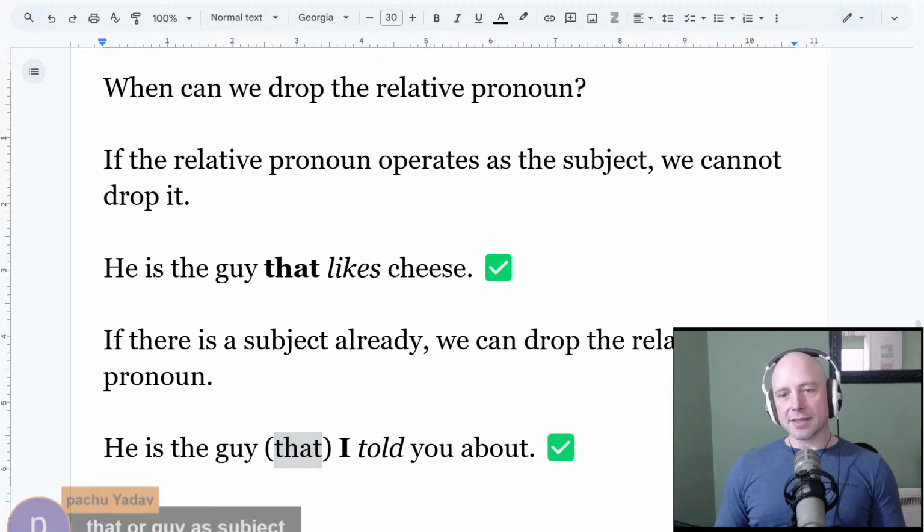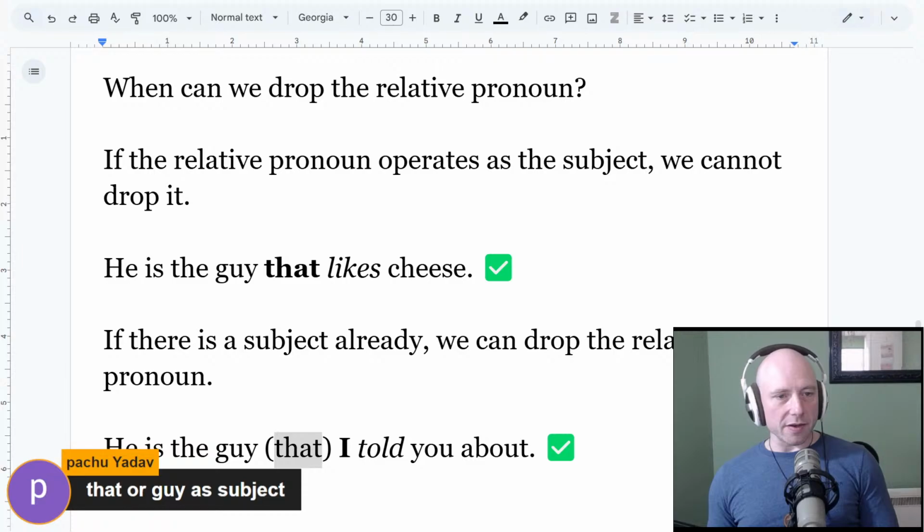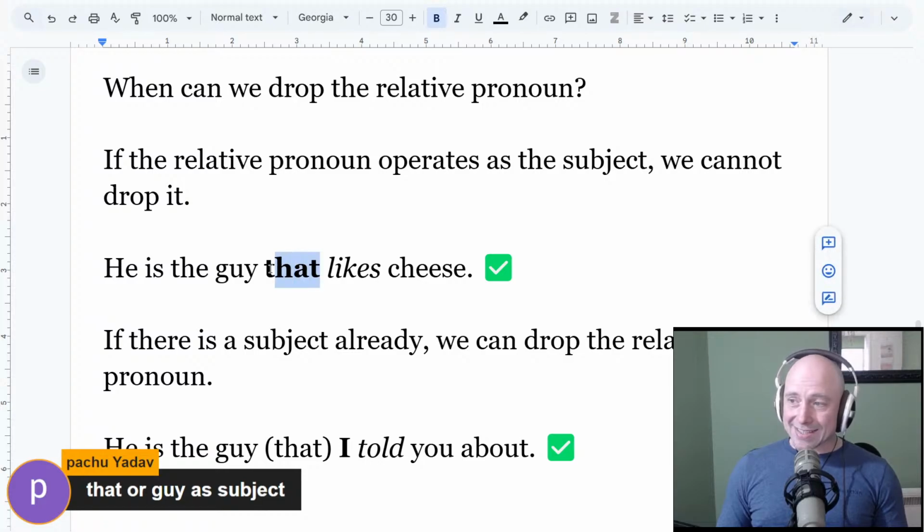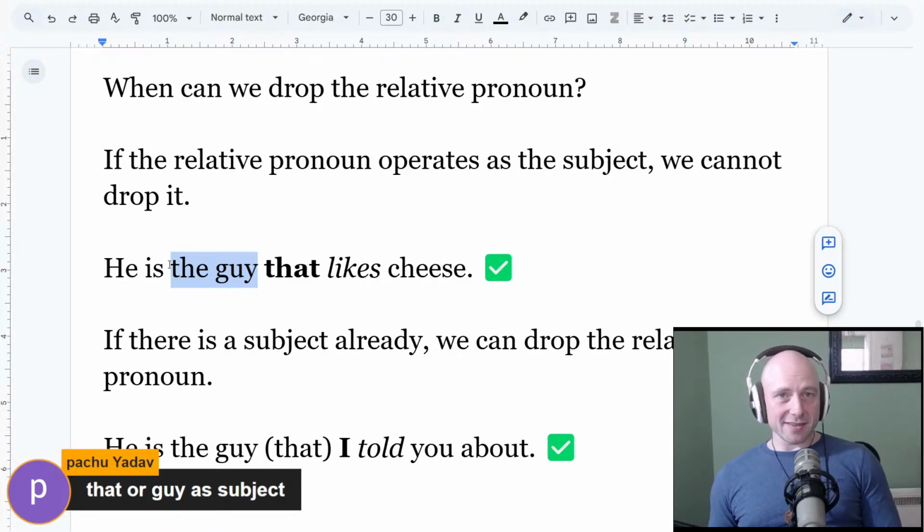Now, Patchu's asked an interesting question about the first one. Is it that or is it the guy as the subject? Well, that is the relative pronoun which refers to the guy. So the actual grammatical subject is that. But that is a relative pronoun and it means the guy. But the guy is not the subject.